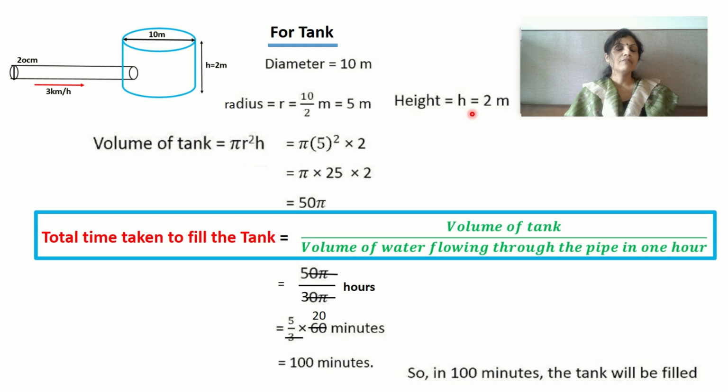So we get 5 by 3 hours. Now it sounds weird, 5 by 3 hours, so let's convert this into minutes. So we get 5 by 3 into 60 minutes. You can cancel this, 3 into 20 is 60. So we are left with 100 minutes. So in 100 minutes, the tank will be filled with water.